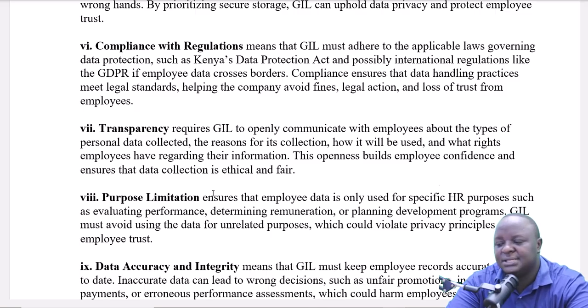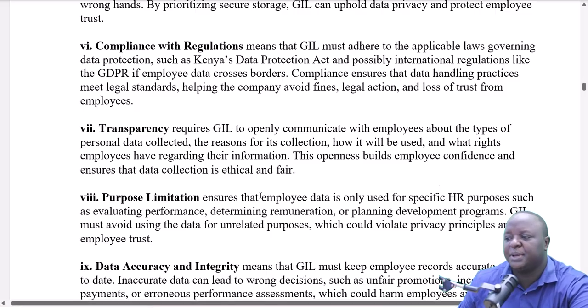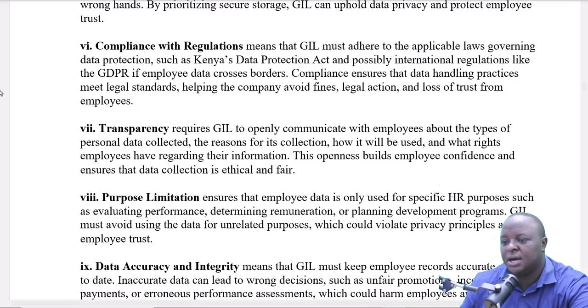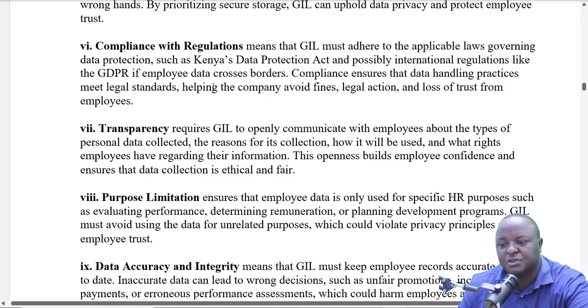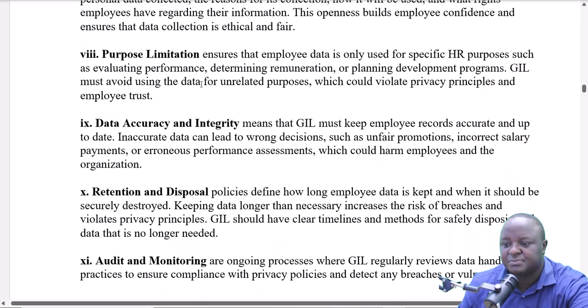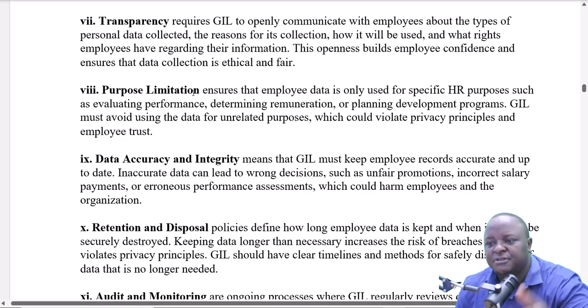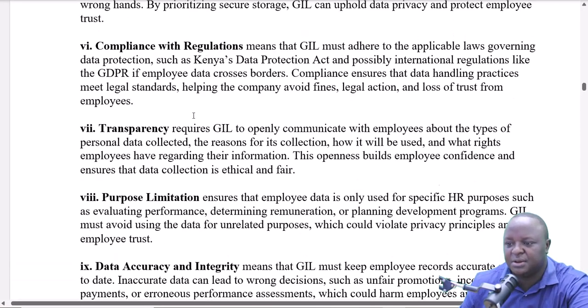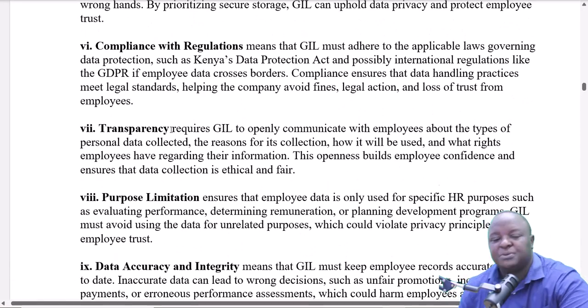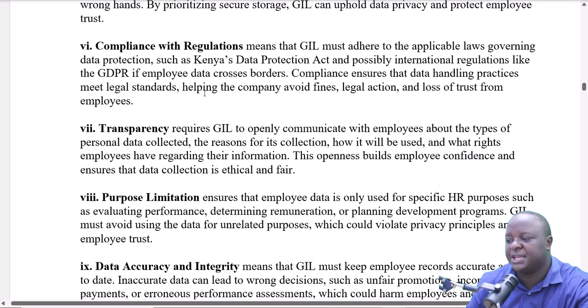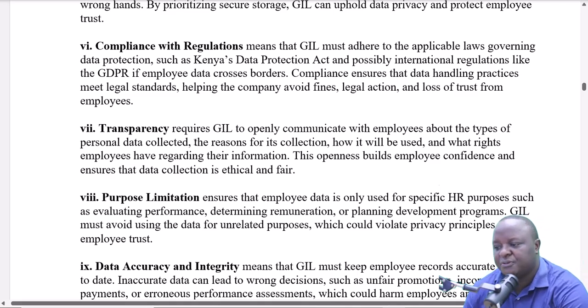So compliance ensures that data handling practices meet legal standards, helping the company avoid fines, legal actions, and the loss of trust from employees. Of course, we have other points, which include transparency, which requires Guild to openly communicate with the employees about the types of personal data collected, the reasons for its collection, and how it will be used.